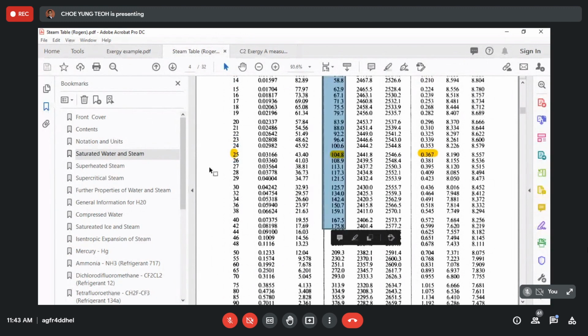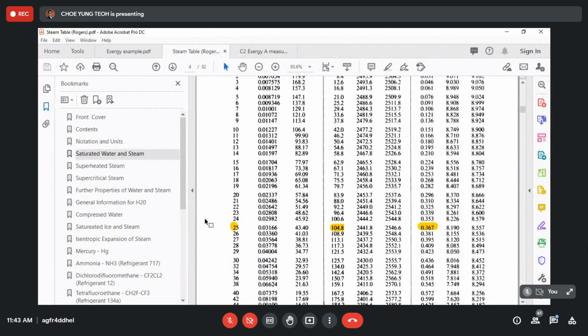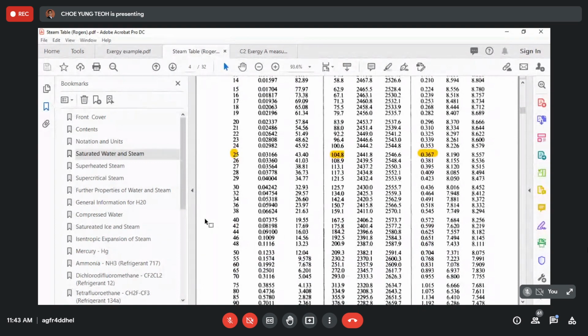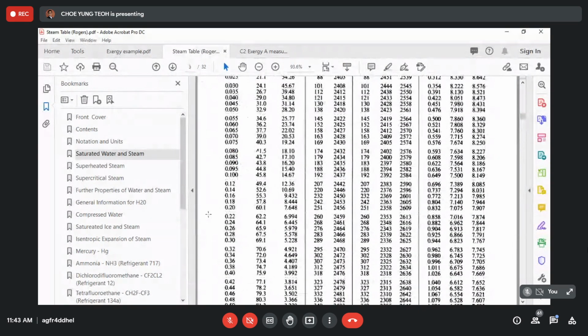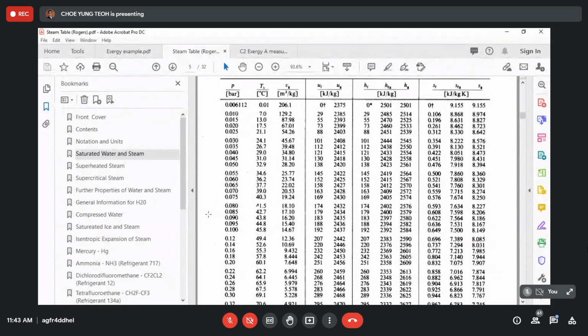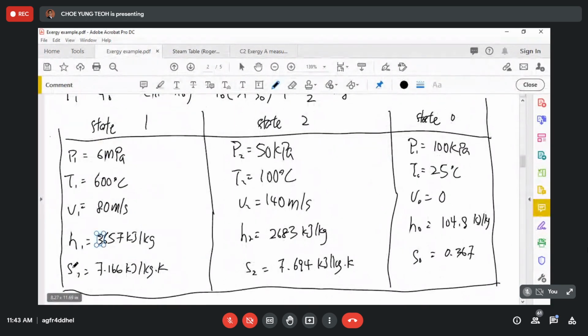So we have to refer to the values in the temperature table over here. Okay, can you get it? So we get this h1, s1, h2, s2, and h0, s0.